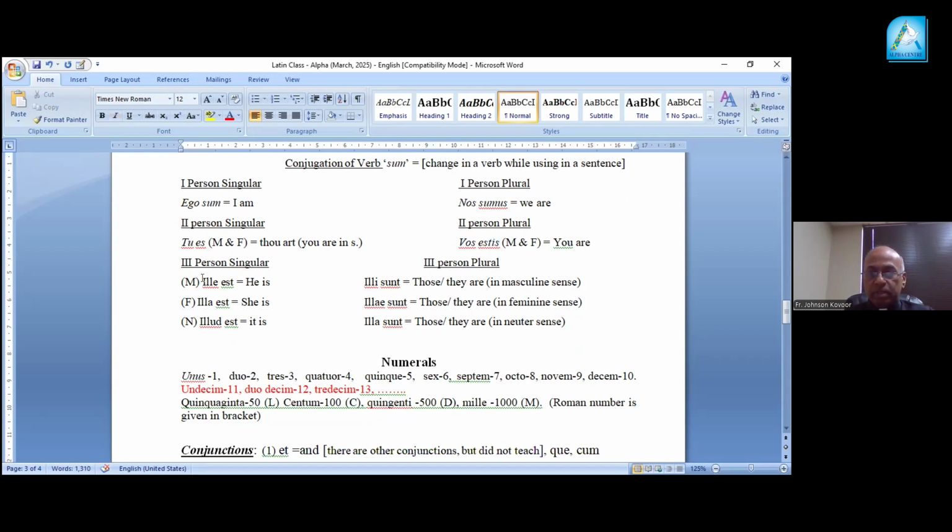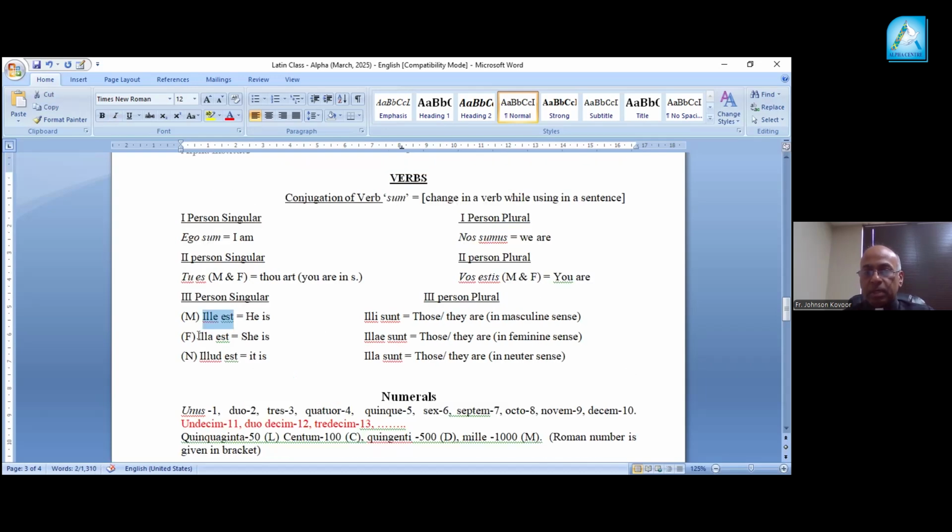Then coming to third person, we have masculine, feminine, and neuter. For masculine, ille est, he is. For feminine, illa est, because a is a common pattern for endings in feminine nouns: Rosa, Stella, Maria. Illa est, she is. She is Mary, illa est Maria. Illud est is for the neuter noun.